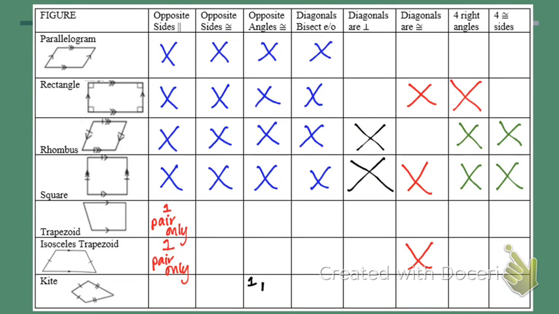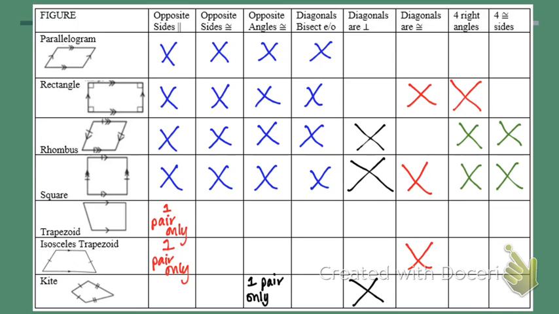And then when you look over here, the diagonals are perpendicular. That one is only a rhombus, a square and a kite. Then diagonals are congruent. That's only a rectangle, a square, and an isosceles trapezoid. And then four right angles is only going to be a rectangle.